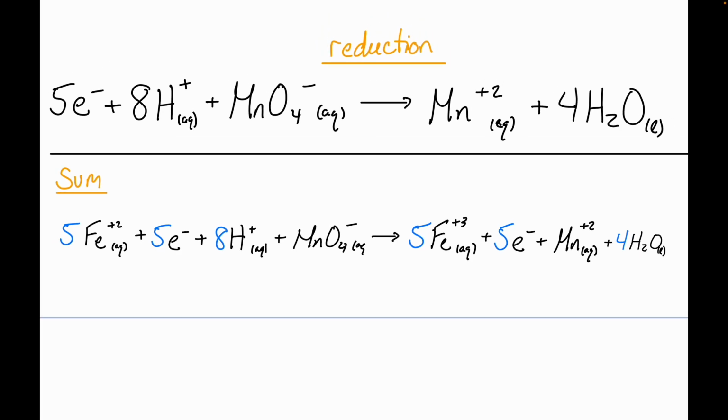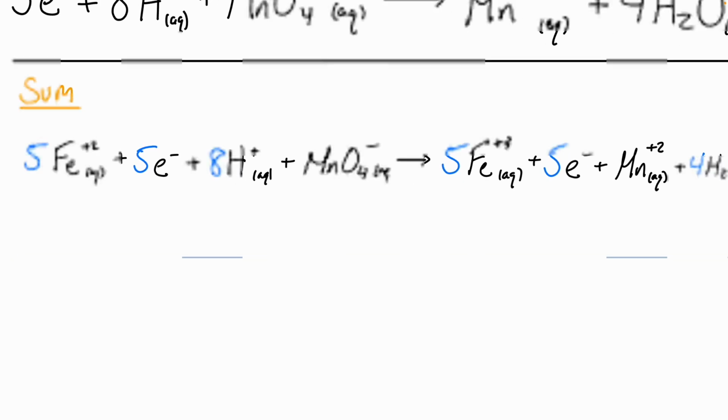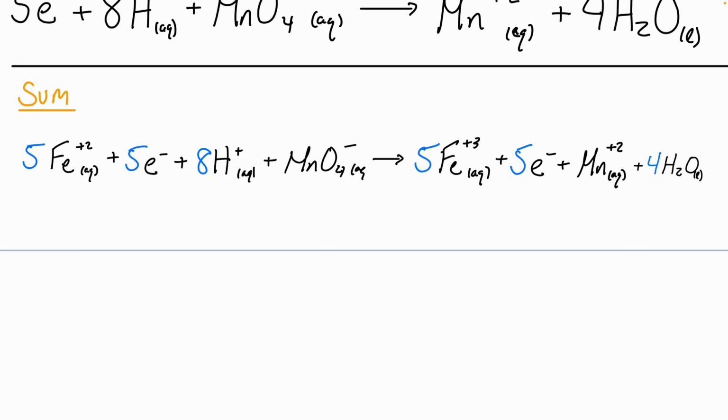All right, so now we get this big, ugly mess where we have 4 different reactants and 4 different products. Our 5 iron 2 ions, 5 electrons, and 8 hydrogen ions, plus that permanganate, will give us 5 iron 3 ions, 5 electrons, that manganese ion, and 4 waters. But what am I going to do to this equation before I'm done?